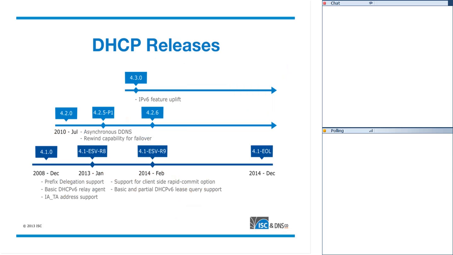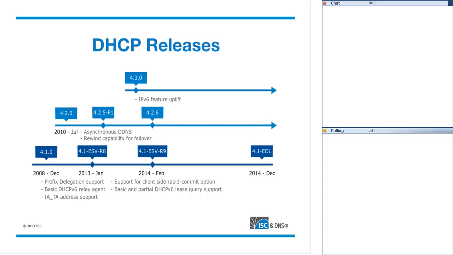But what we really want to focus on today is that we're terming 4.3 as the IPv6 feature uplift. There's been a lot that has happened in the standards process regarding IPv6 and DHCPv6, and so 4.3 is really an effort to get a lot of those developments into place in the code.